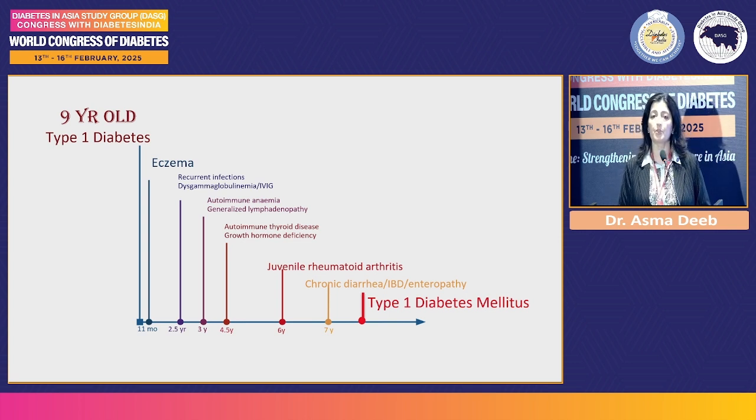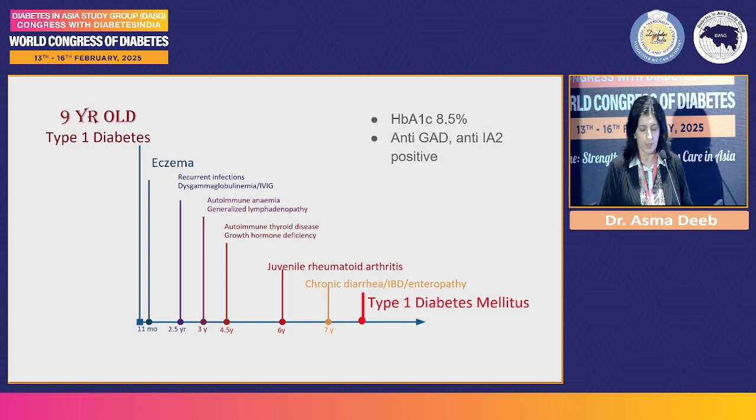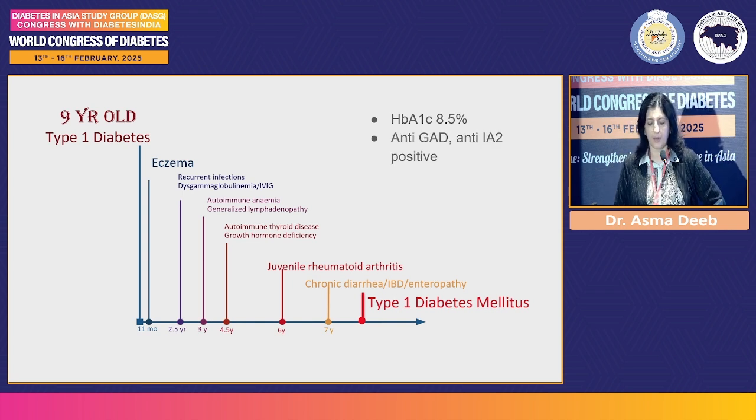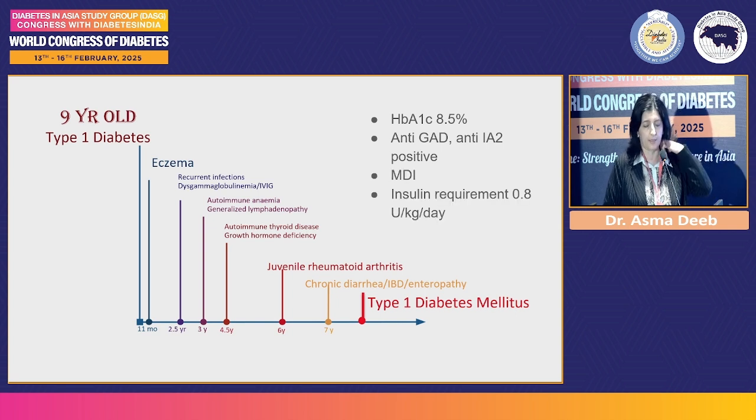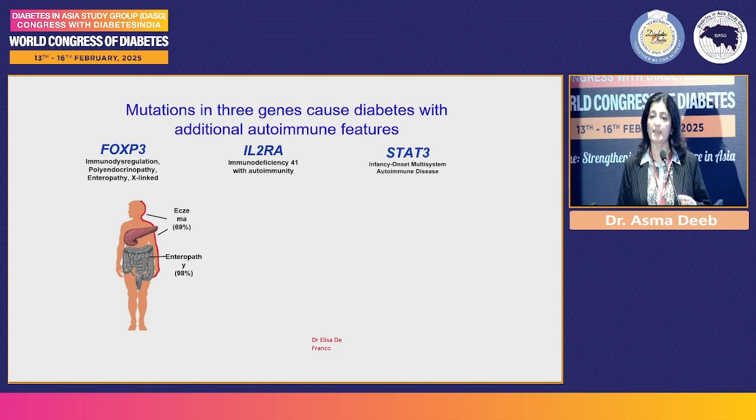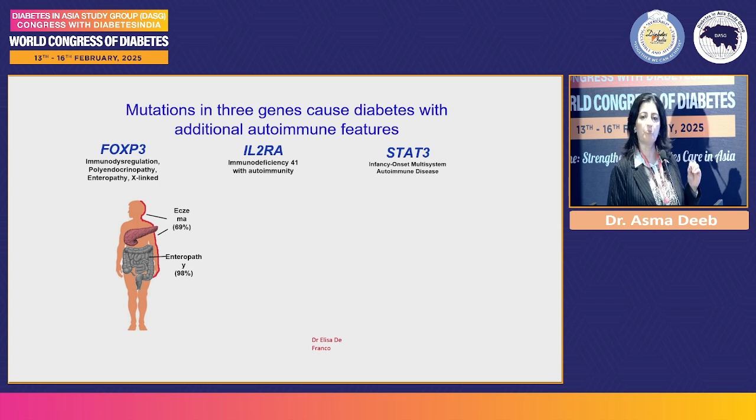At the age of 7, she landed in my clinic because she developed type 1 diabetes. These are her parameters, but importantly, ladies and gentlemen, her antibodies were all negative. We started her on insulin treatment, and I would just like to draw your attention to remember all these forms of autoimmune diseases that can trigger monogenicity.